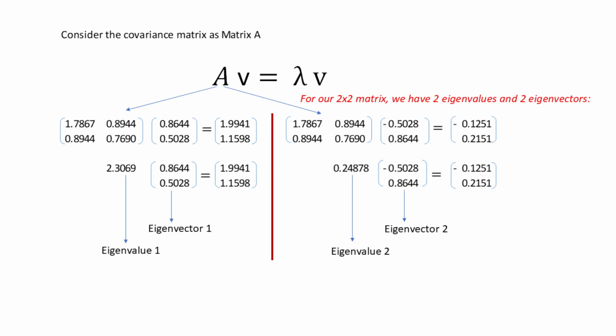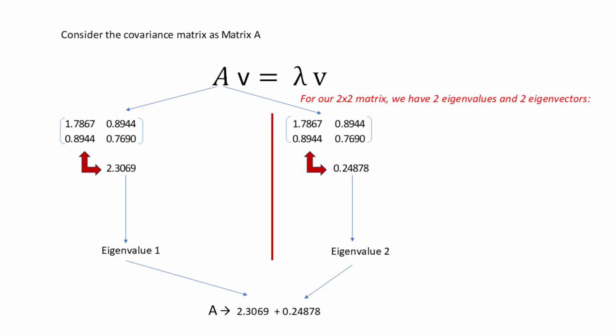Note that we can think of A, therefore, as broken down into two eigenvalues at 2.3069 and 0.24878. That is, we can think of A as being folded into the two eigenvalues, and each eigenvalue is associated with an eigenvector.